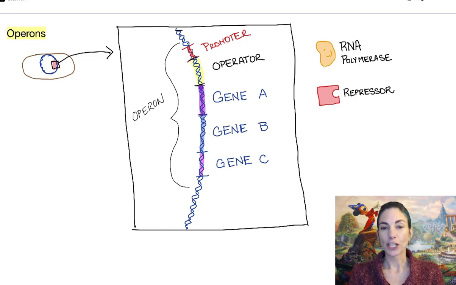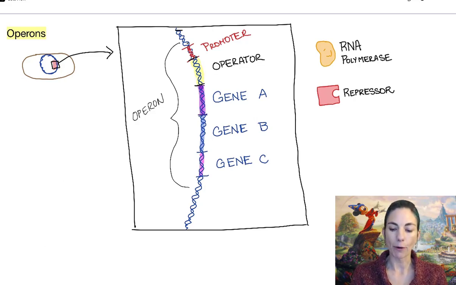Now, in addition, we're going to need to bring RNA polymerase into this picture because we know that gene expression is controlled at the transcriptional level. And more specifically, it's controlled by whether or not RNA polymerase is allowed to transcribe genes A, B, and C. We also learned in a prior lecture that RNA polymerase is attracted to the promoter region, and that tends to be where RNA polymerase likes to start.